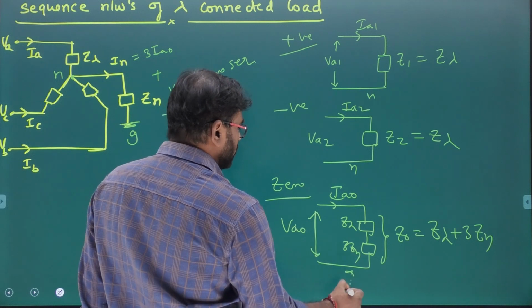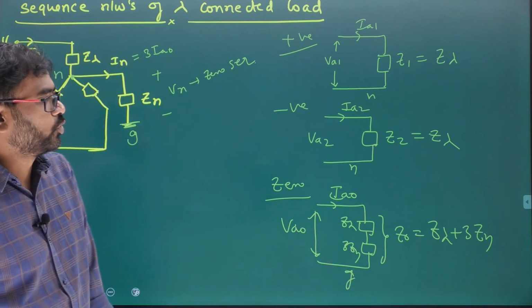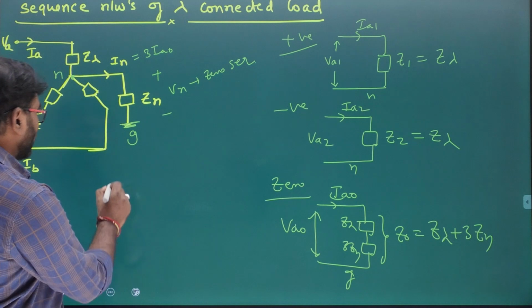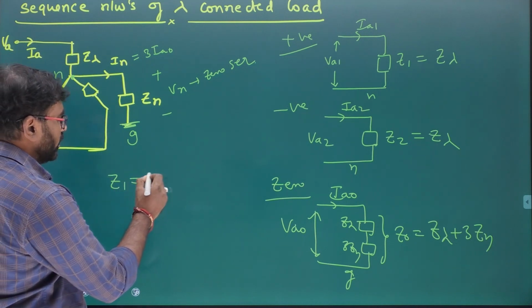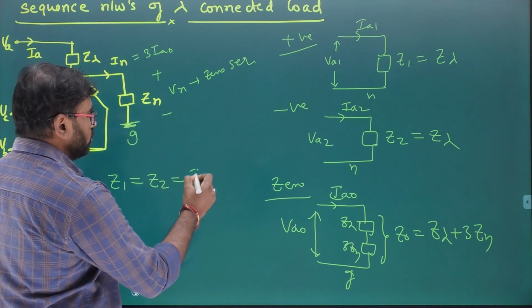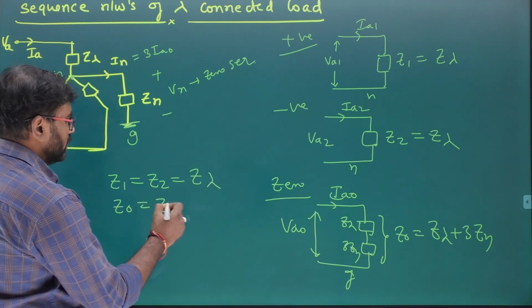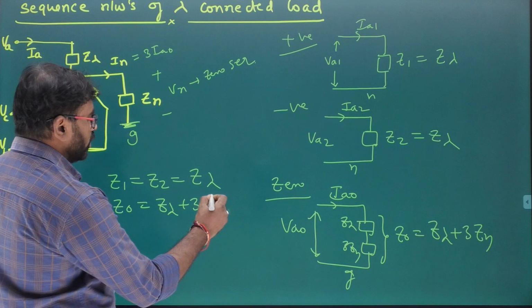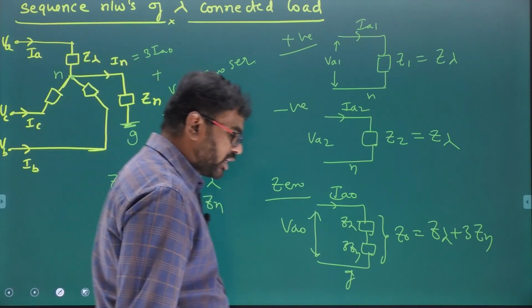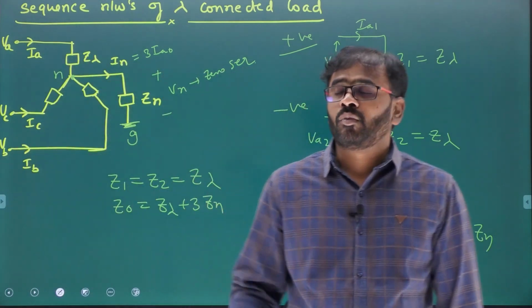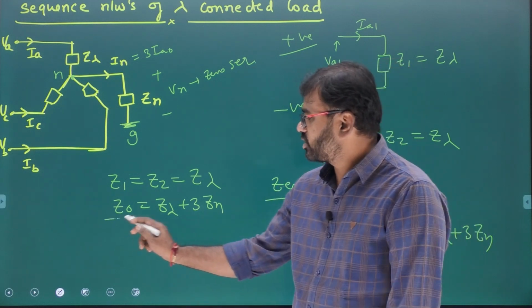But what about this? Ground reference, but not neutral reference. So from this, for a star connected load, Z1 equals Z2 equals Z star, but Z0 equals Z star plus 3 Zn. That means the neutral connection must be considered for the zero sequence equivalent circuit.